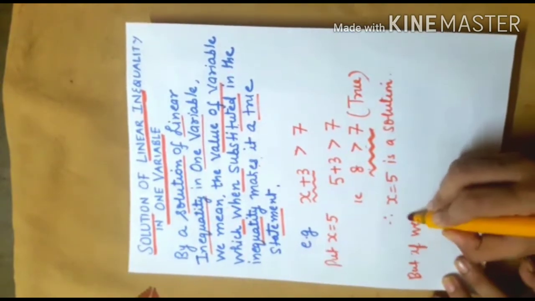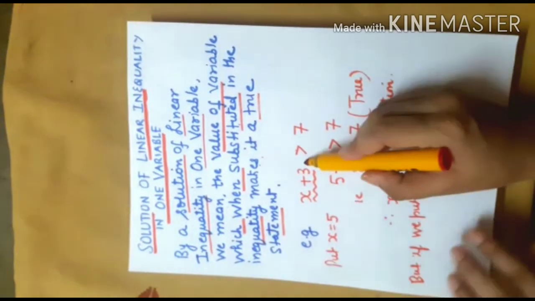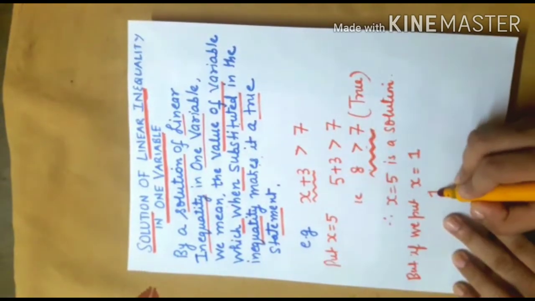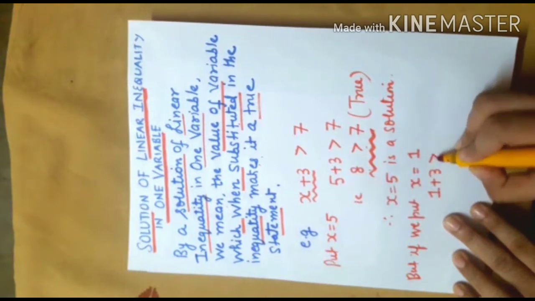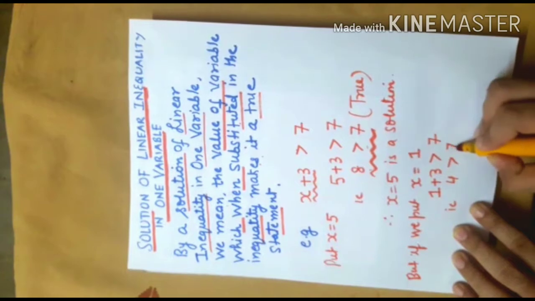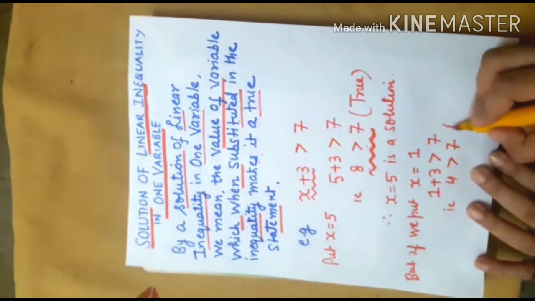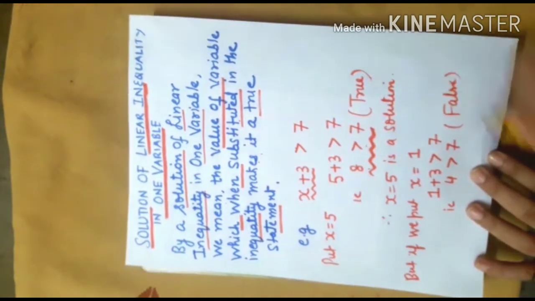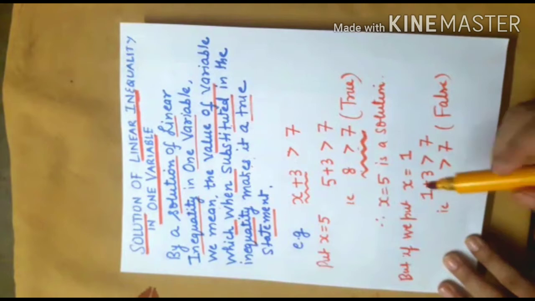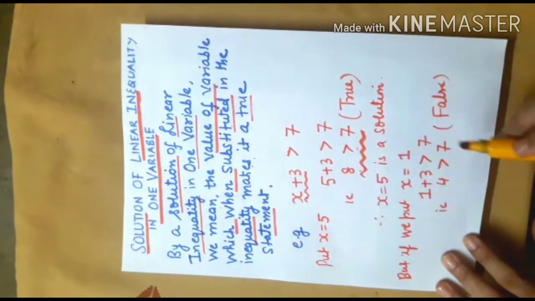But if we put x equal to 1 in the inequality, I'll get 1 plus 3 greater than 7. That is, 4 is greater than 7. Now tell me, is 4 greater than 7? No. So I get a false statement. So when I put x equal to 1 in the inequality, I obtain a false statement.